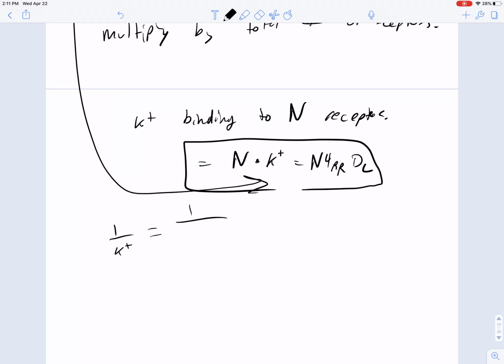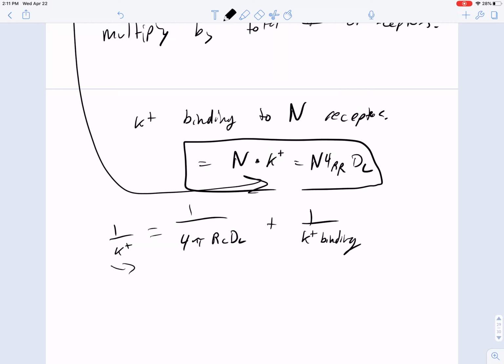That's just a place that you can look for further information on your own. So 1 over k plus, the overall rate, is equal to 1 over 4 pi R_C D_L plus 1 over k plus binding, which we now have a calculation for.